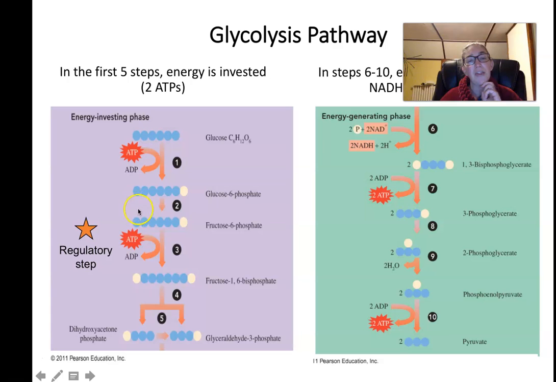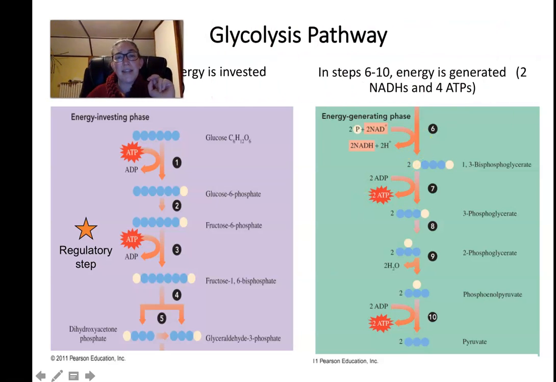But the first and third steps require an ATP energy investment. So we actually use 2 ATPs in the first half of glycolysis. But in the second half of glycolysis, we generate 4 ATPs. So 4 minus 2 is still a net gain of 2 ATPs in the end.